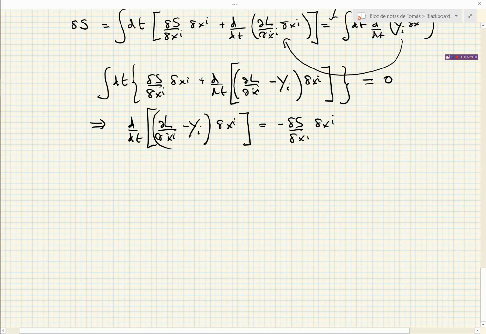And if I parameterize these delta xi's with some parameters alpha a, then I get these identities for every a.